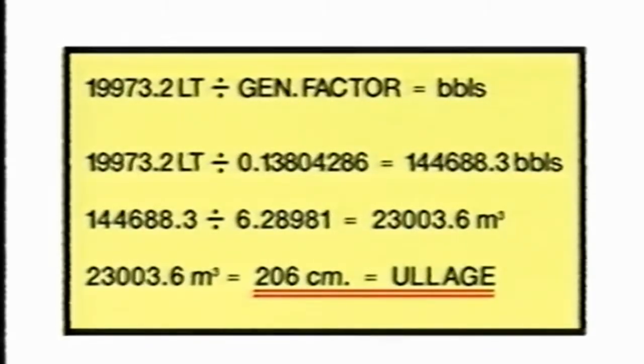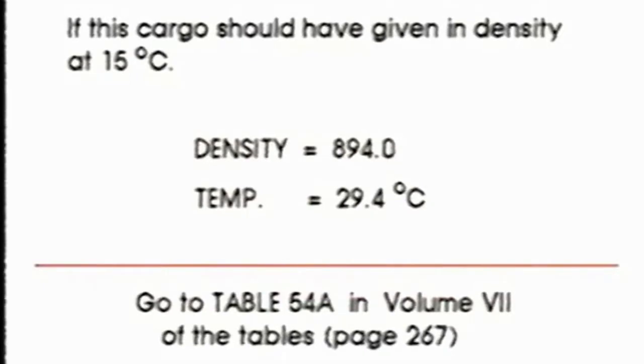If the same cargo were given in density at 15 degrees centigrade, and with the temperature measured in centigrade, you would have worked in cubic meters and metric tons. You should never jump between API and density. We will do this conversion only as an example. We use the ASTM tables to convert API to density and Fahrenheit to centigrade.